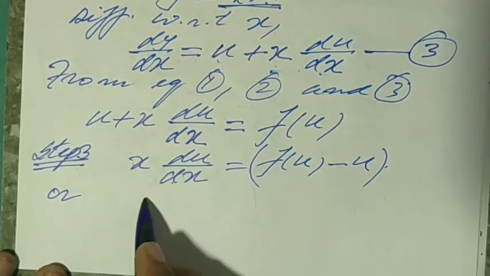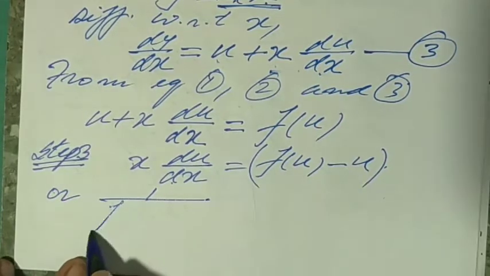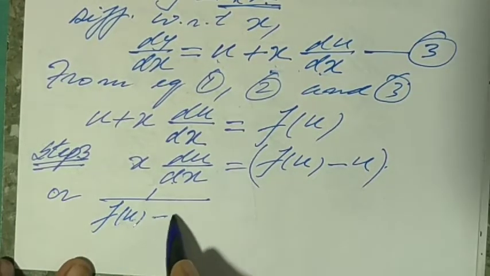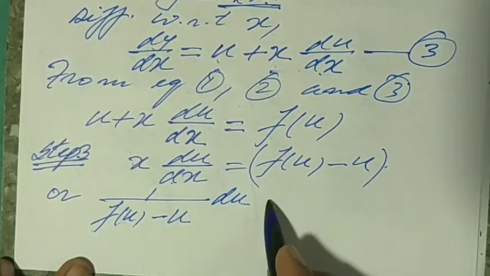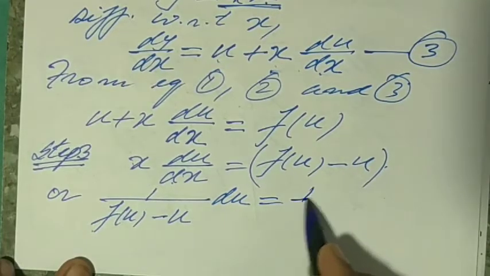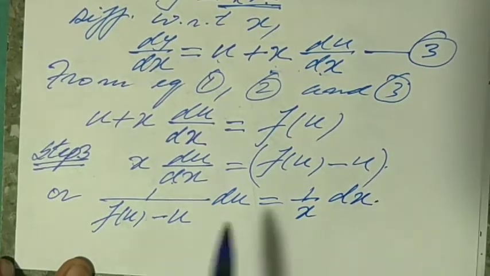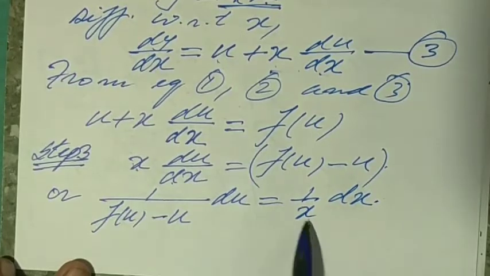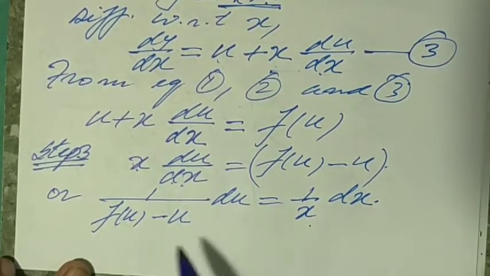So we get 1 upon f u minus u du is equal to 1 upon x dx, because this x goes in the denominator and this dx goes in the numerator. So we have 1 upon f u minus u du is equal to 1 upon x dx.